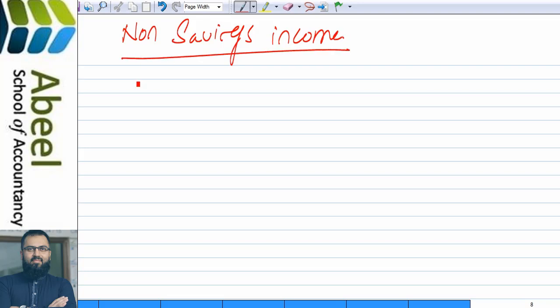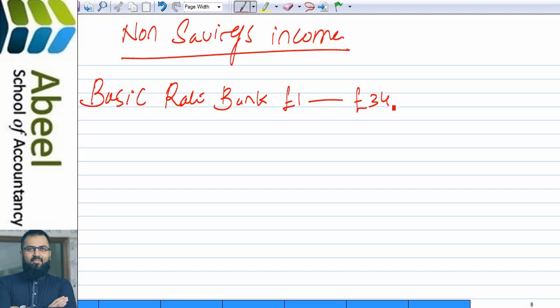That is from 1 till 34,500. We call this the basic rate band. It starts from 1 to 34,500, and the tax rate is 20%.